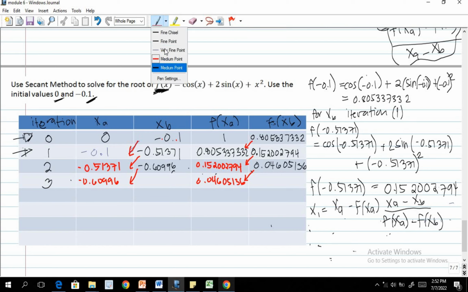So, kung paano ko sinolve yung xb sa may iteration 2, ganun din yung gawin ko dito sa may xb ng iteration 3 at ang lumabas sa aking calculator ay negative 0.6518. For my function of xb for iteration 3, that is equal to 0.006602258.